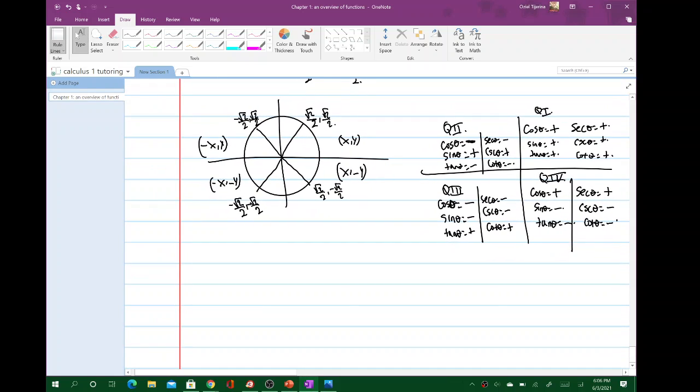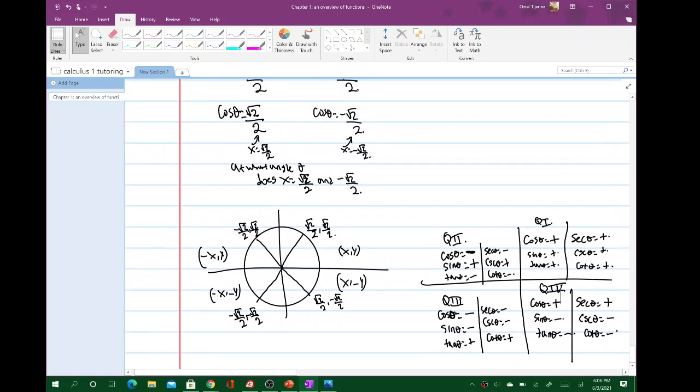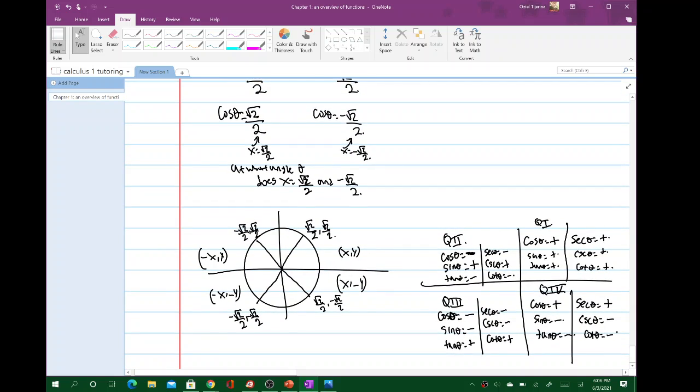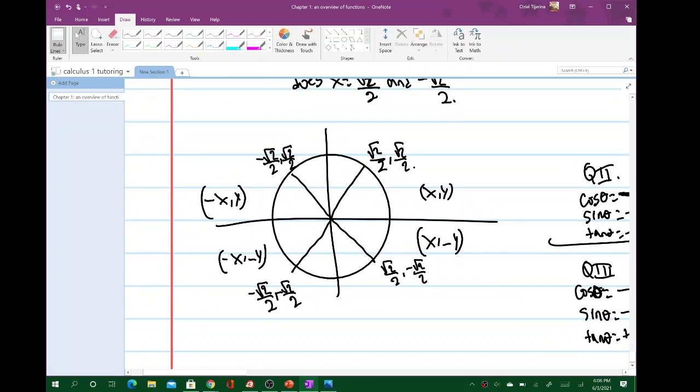Okay, so that's how, basically, knowing all of these can help us, okay? Now looking rather at this question here: at what angle theta does x equal square root of 2 over 2 and negative square root of 2 over 2?